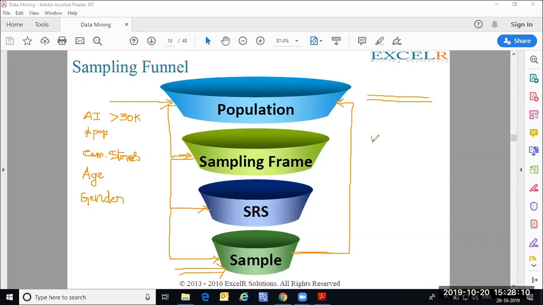Hence, it is called inferential statistics. Clear?